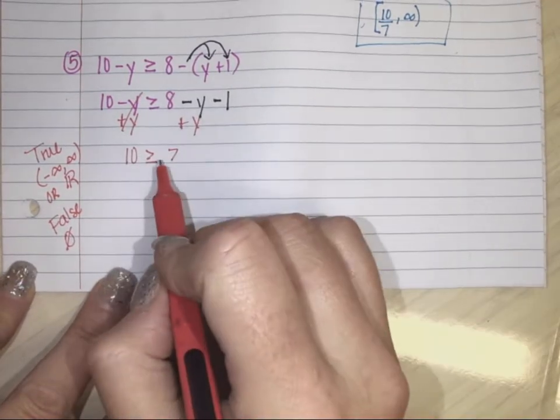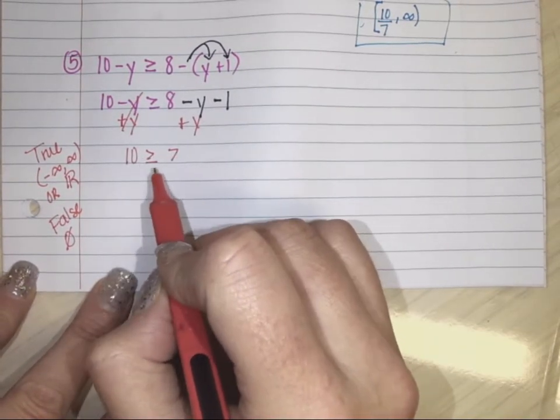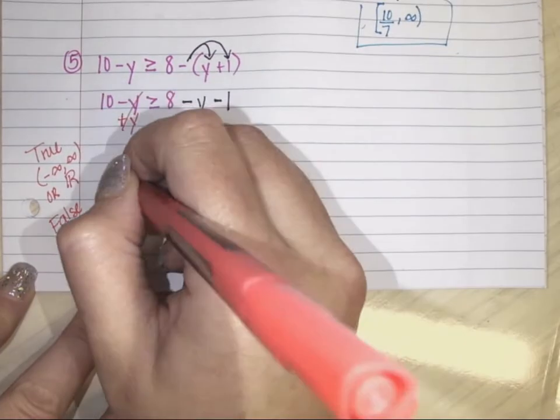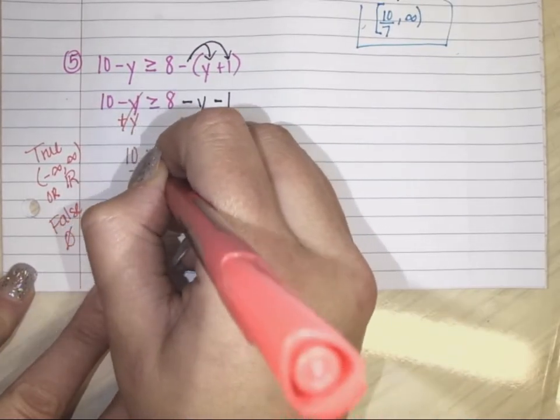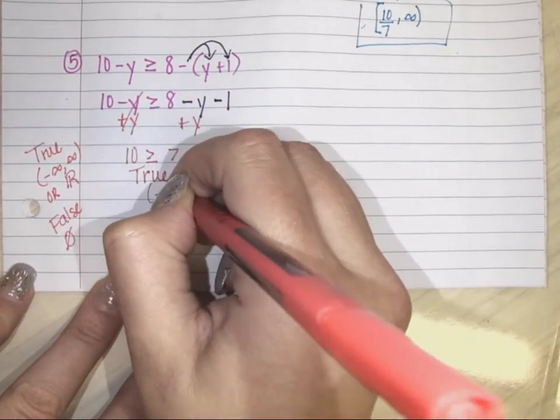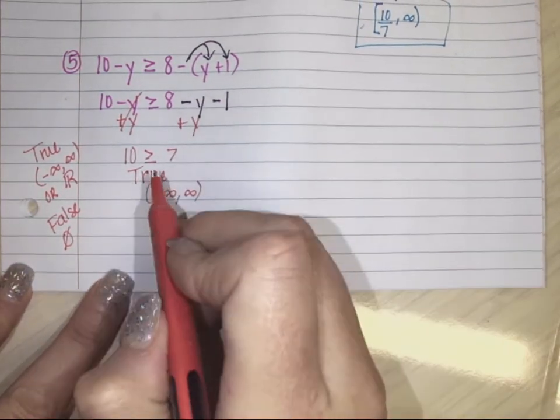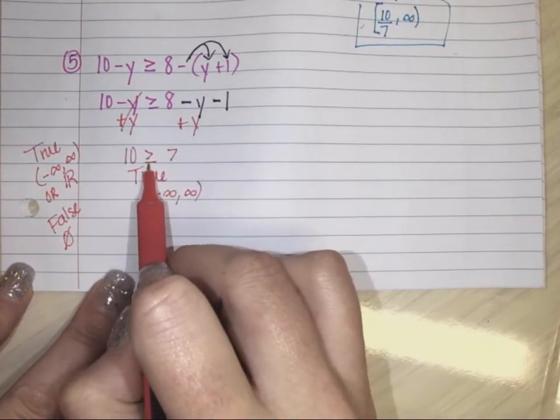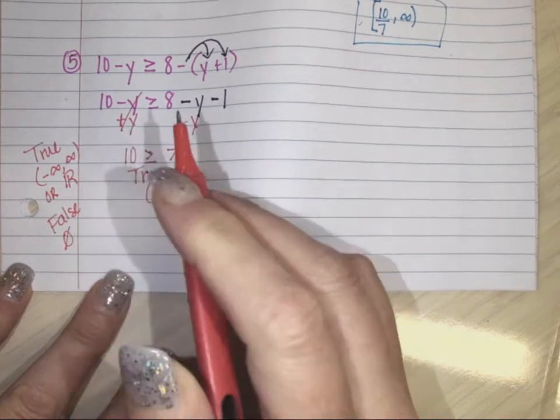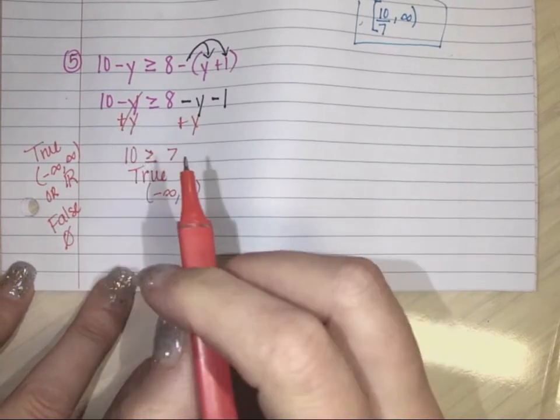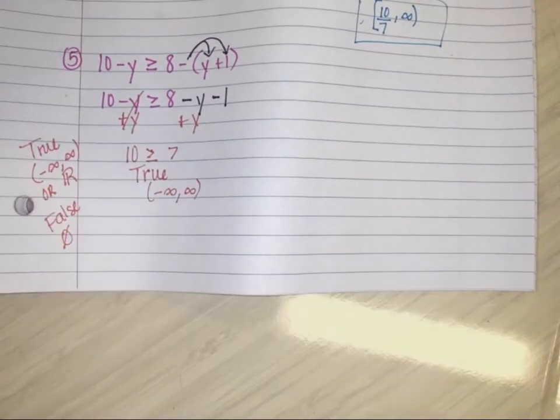Now, a lot of students want to say that this is false. And I'm going to tell you why it is actually true, and our answer in interval notation is negative infinity to infinity. This is an or statement. It's just like if I said, we're going to order pizza, you can have either pepperoni or cheese pizza.